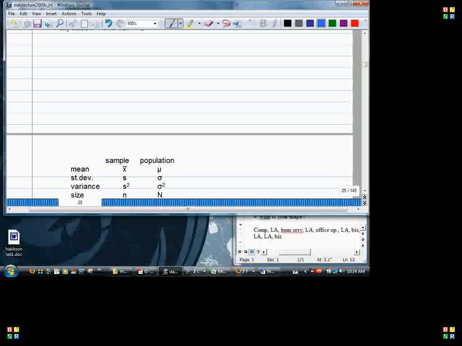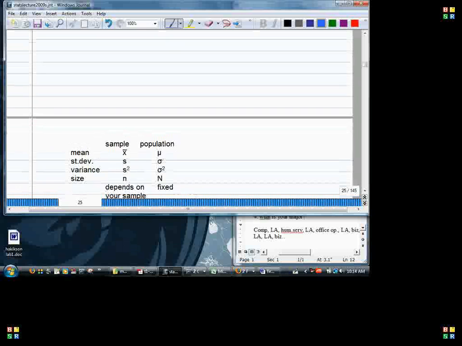But what if I take a sample? Out of 20,000 students, I ask, say, 100. Is my answer going to be the same every time? Absolutely not. It depends on which sample I take.